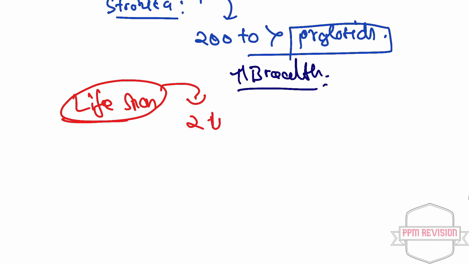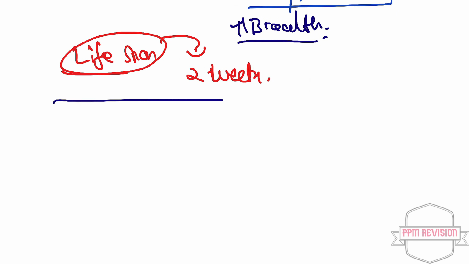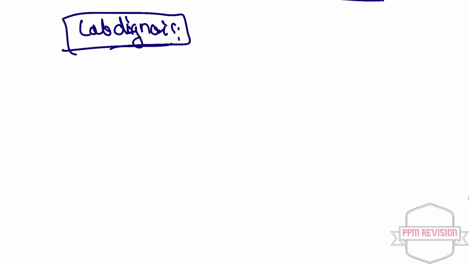Since we are done with this, we'll quickly look at the treatment aspect and how it is treated. Now, looking at the lab diagnosis, it is demonstrated by the eggs in feces. By studying the eggs in feces, this is one aspect.